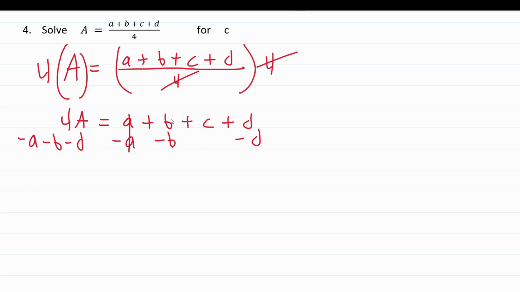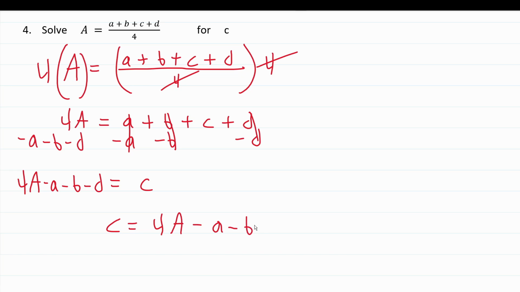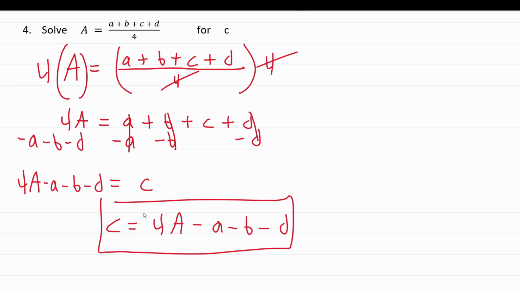This crosses out here, here, and here, just leaving you with c over here, and this becomes 4 big A minus a minus b minus d. And again, in math, it's customary to write the variable for which you solved on the left. So this says c equals 4 big A minus a minus b minus d. And we have solved for c at this point, so we are done.